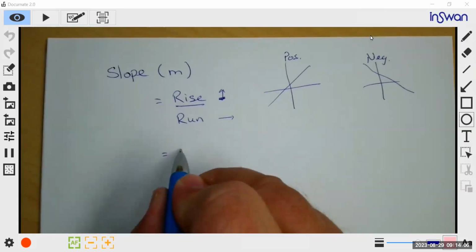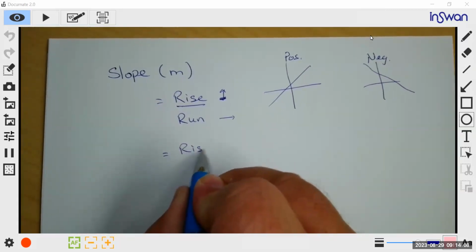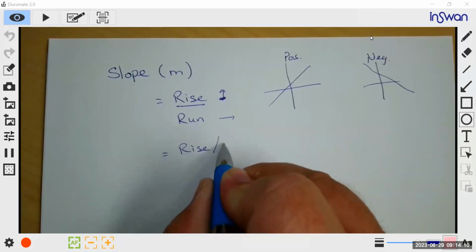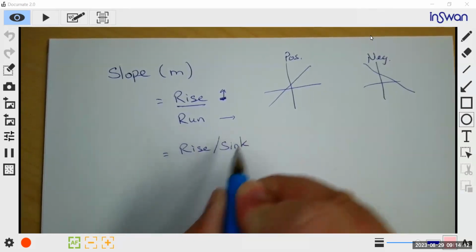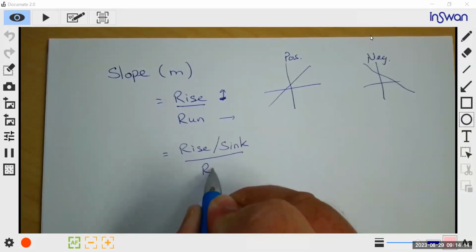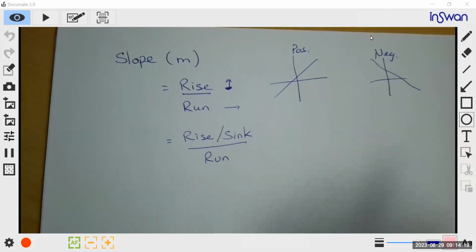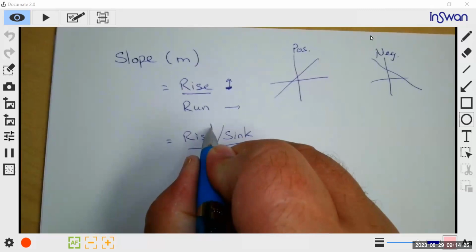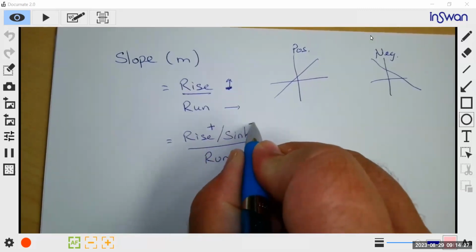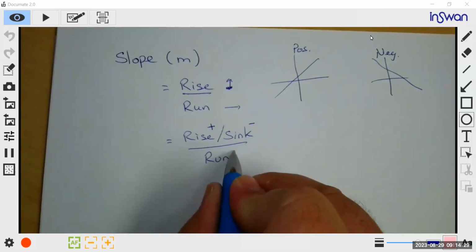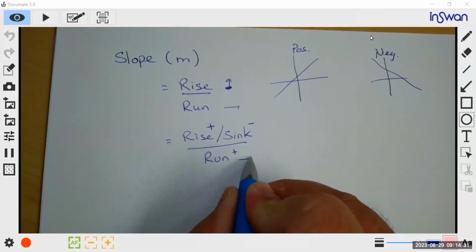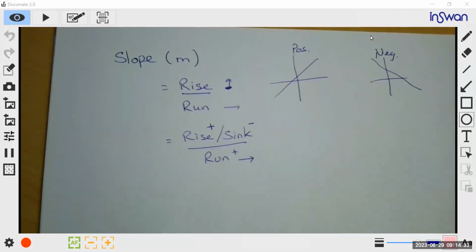So I like to say it's rise or sink over run. It's rise if it's positive, it's sink if it's negative. And the bottom is always positive. It always goes to the right. Whenever you have a fraction, the bottom number can never be negative.